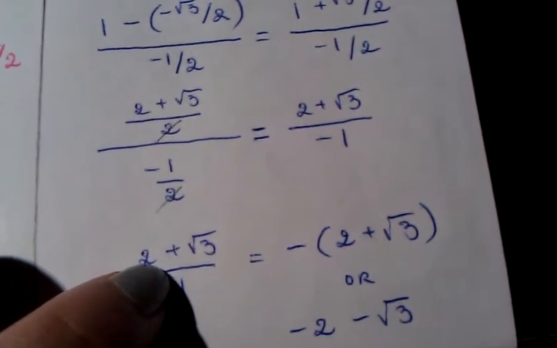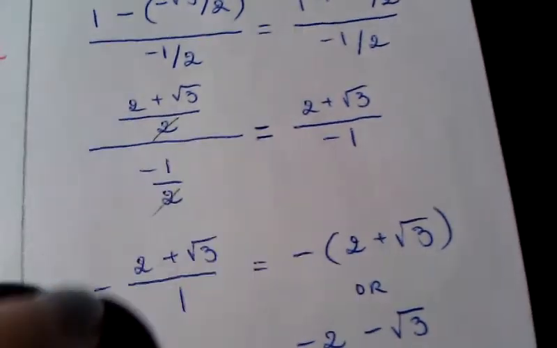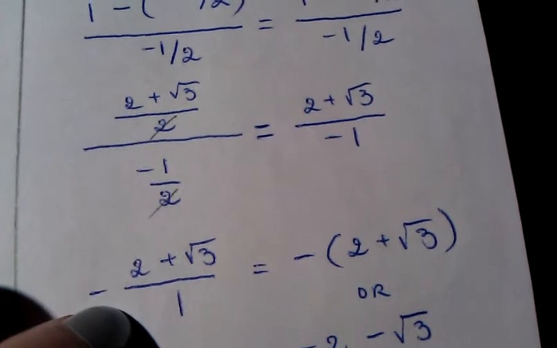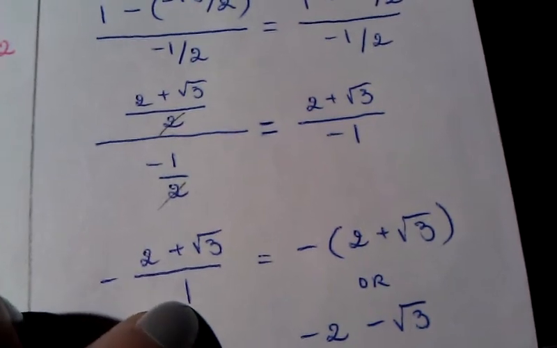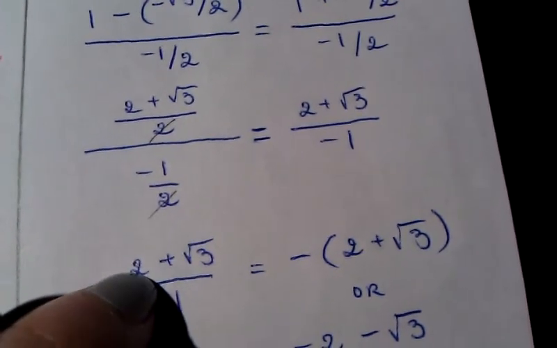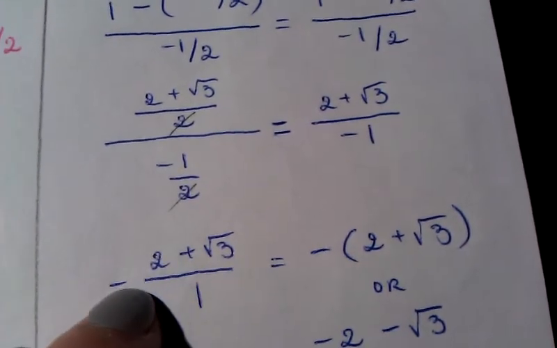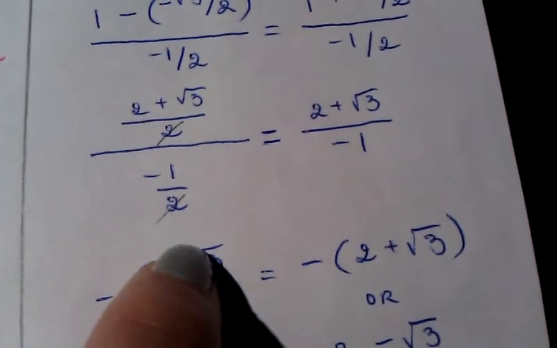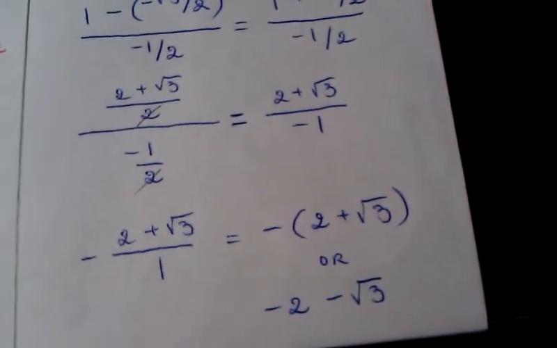I move the negative to the front to make it less complicated, and then something over 1 will give us the same thing. So remember that the negative sign will distribute into each of the numbers. So we have 2 options for our answer, and they are the same.